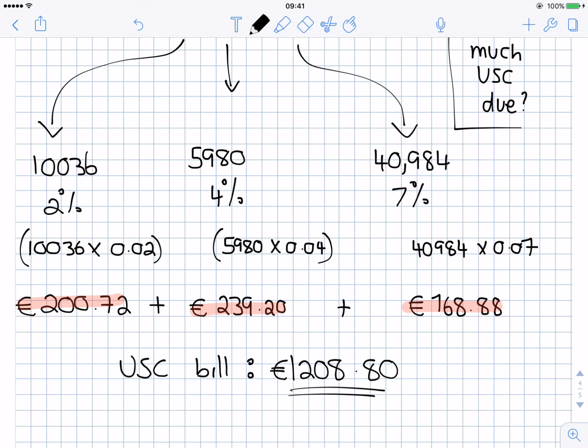But sometimes you'll be asked to do a question where you have to do income tax and universal social charge. You do the universal social charge first, but the question will tell you that anyway. If that's the case, it'll be one of those longer questions that's divided up into different parts. So €1,208.80, that's how much she has to pay for her USC.